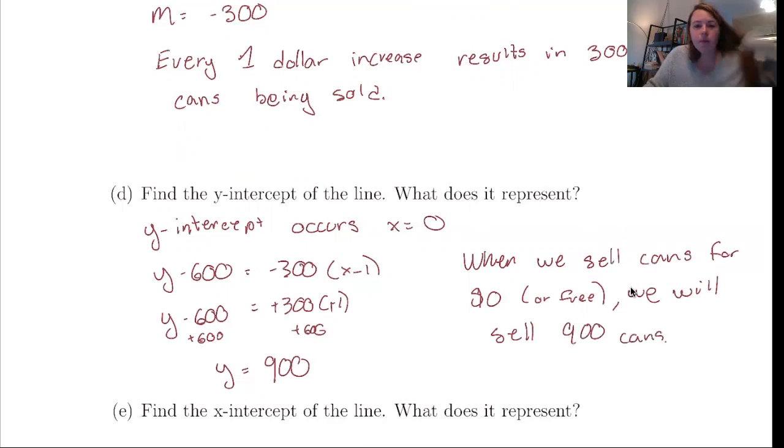Okay, I hope that makes sense. Just remember what your input is. It's money, it's price, it's dollars. And then my output is cans. So we just mix it in with some words.